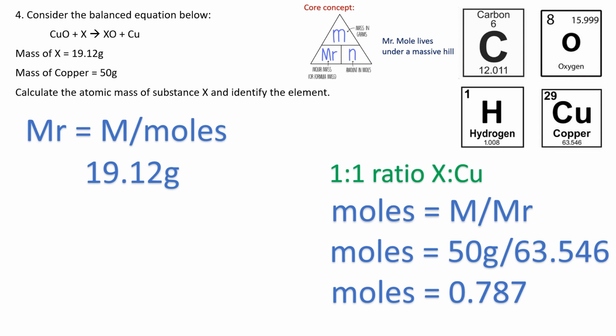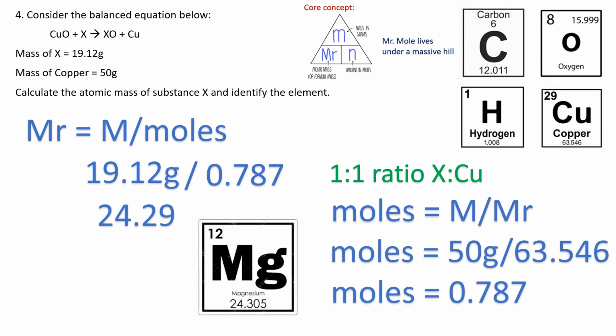Now this is important, my ratio is 1-to-1, which means I can go back and plug that number into my original formula. So I have got 0.787 moles there too. Now I can work out my atomic mass, 24.29. And if I look at my periodic table, the closest I get there is magnesium.